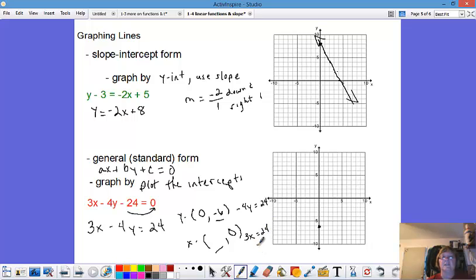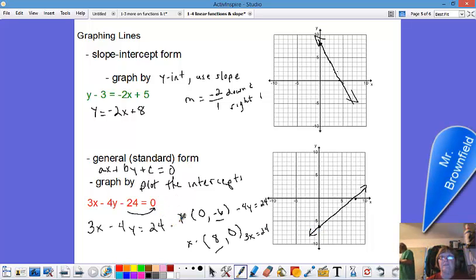Well, then x must be 8. So our x-intercept, that's where it crosses the x-axis, is out here at 8, and we're talking about the line that connects those 2 points. Nicely done. That's a great way to graph a line that's given in standard form, especially if you have friendly numbers.